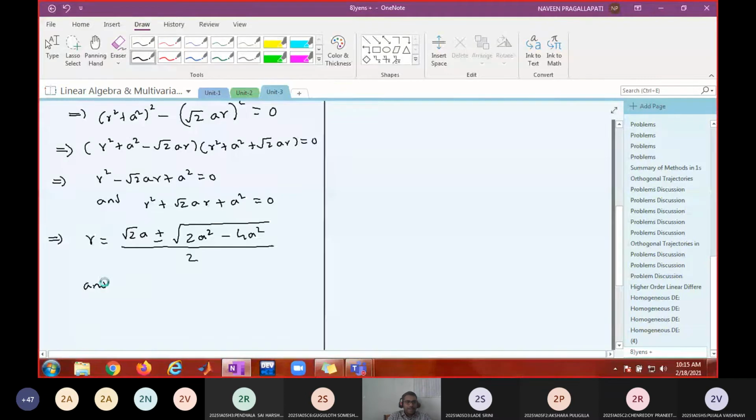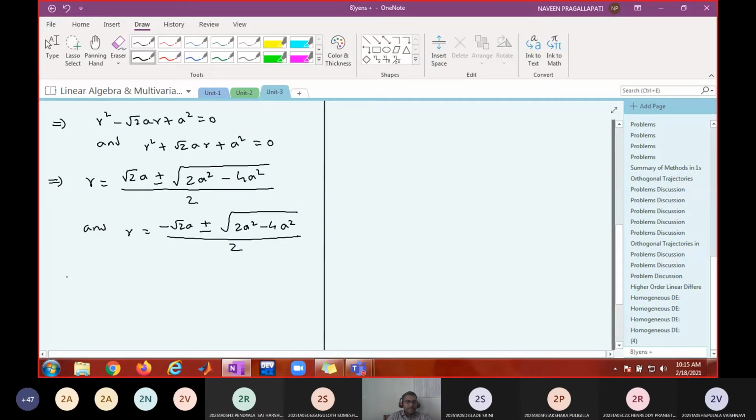And r equal to minus root 2a plus or minus root 2a square minus 4a square by 2. So what is the simplification? So r equal to, tell me.